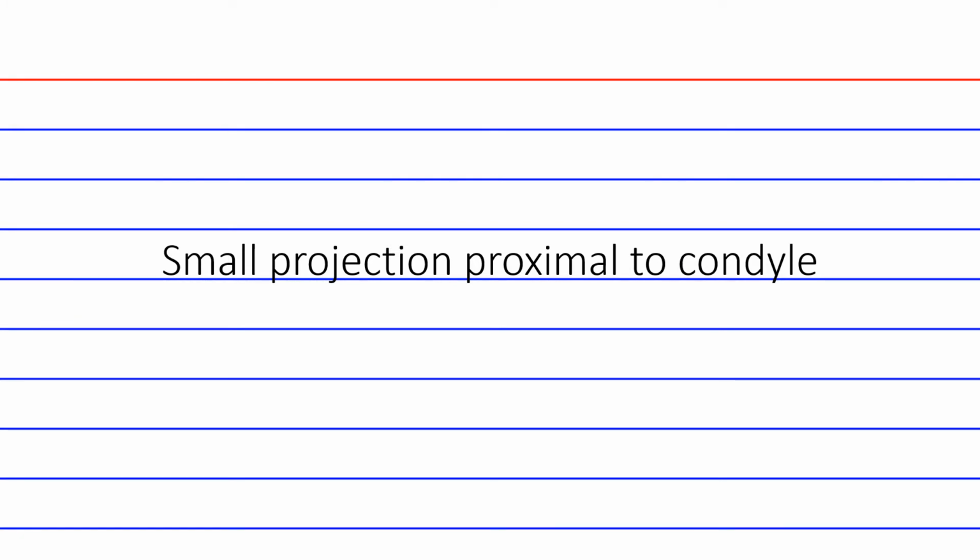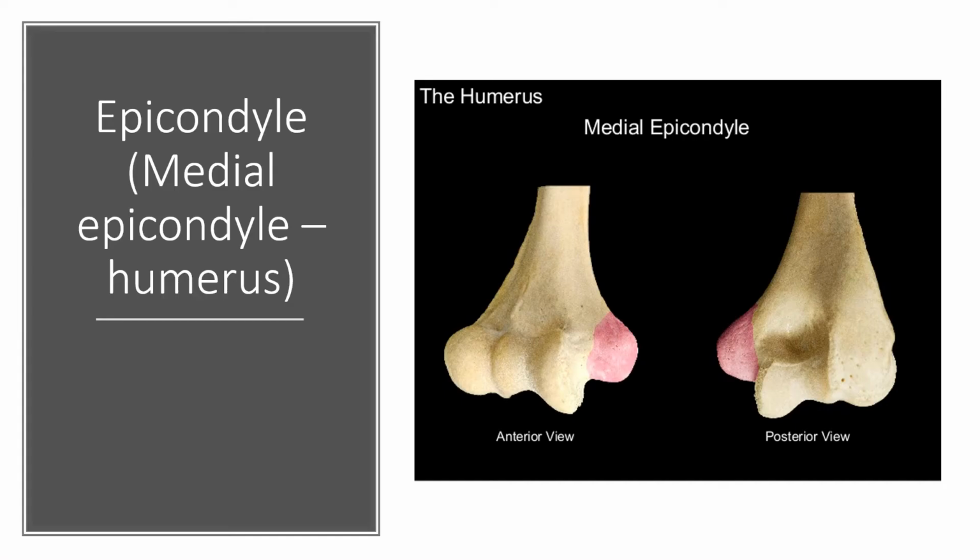This is a small projection proximal to a condyle. The answer is an epicondyle. You can find both lateral and medial epicondyles on, for instance, a humerus.